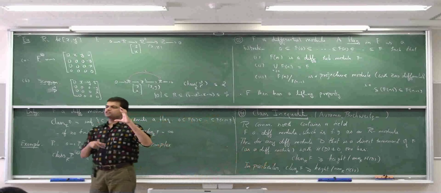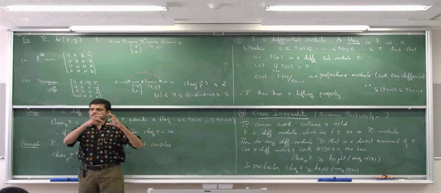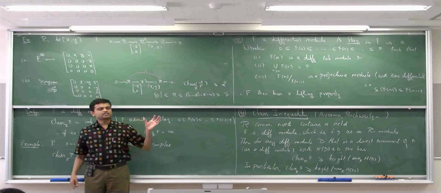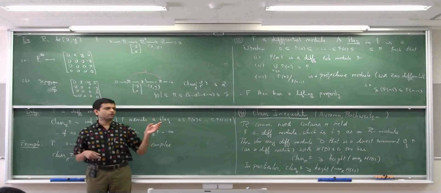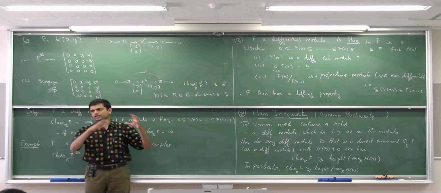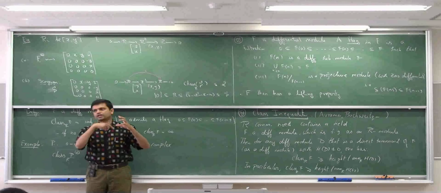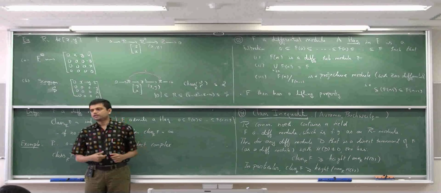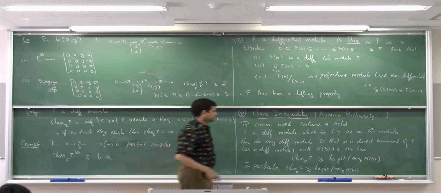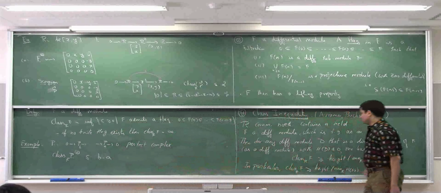So if a differential module has a flag, there's no guarantee that a direct summand would have a flag. This is the distinction between complexes and differential modules. If you have a perfect complex, and a direct summand of the perfect complex, it's still perfect, right? But that may not be true for differential modules. So you do have to work with this generality. That's why this comes in.